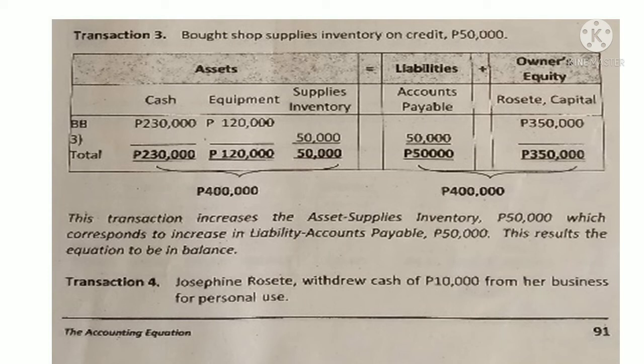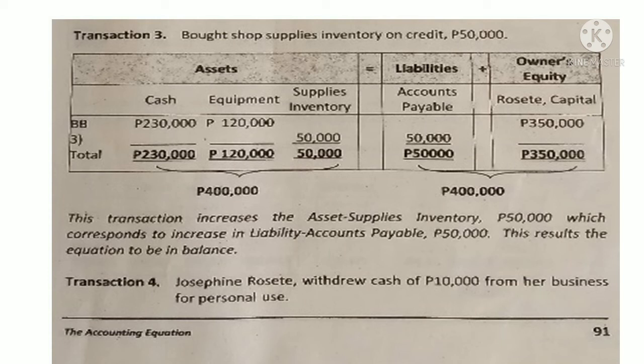This transaction increases the asset, supplies inventory, to 50,000 pesos, which corresponds to an increase in the liability, accounts payable. This results in the equation being in balance, no? So pasabot niini, increase ang supplies inventory into 50,000 pesos, then naay sagol nga liabilities.